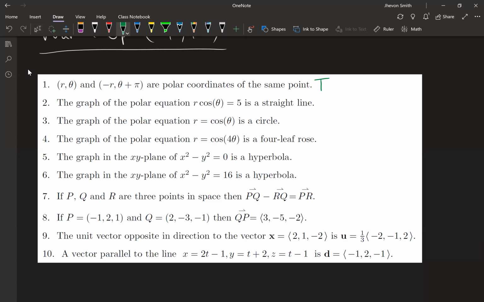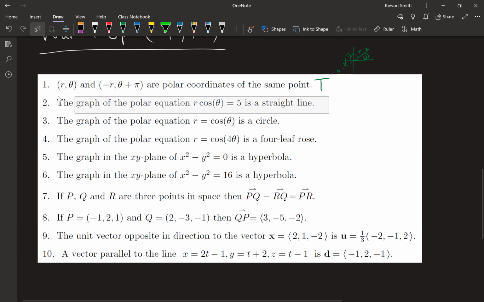Because if you have r and theta, then minus r is the guy all the way back here, and then you just take pi plus the theta to get that, and it flips it back. Now, if the r was positive, this is not true, but they switched it with a negative r, which is why it's true. So that's actually true.